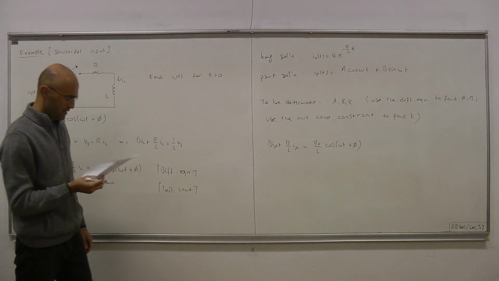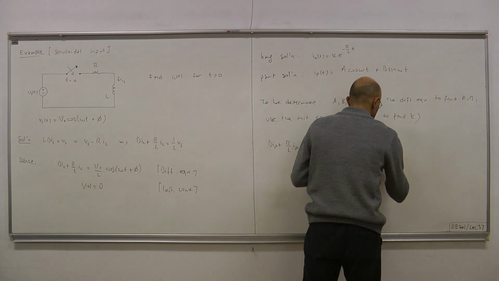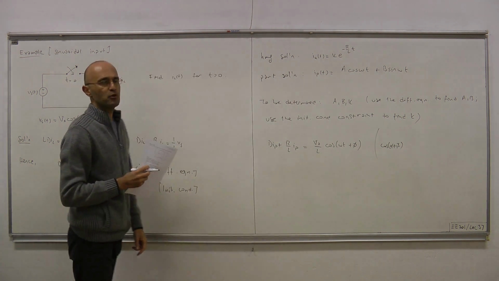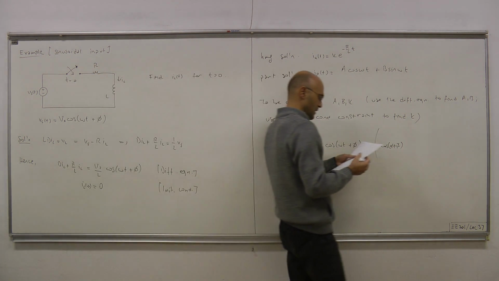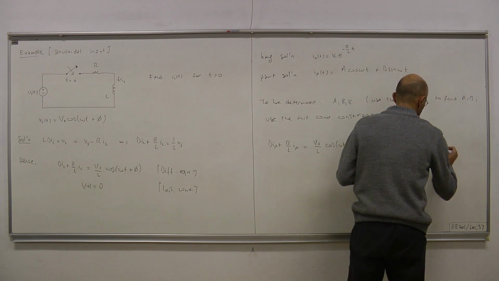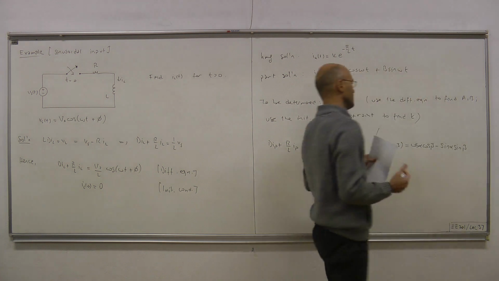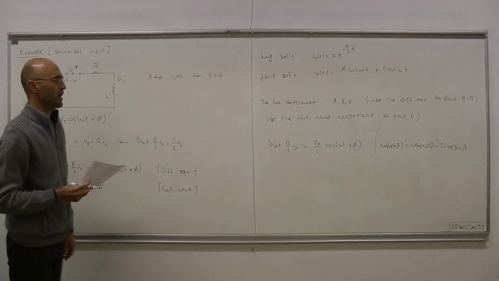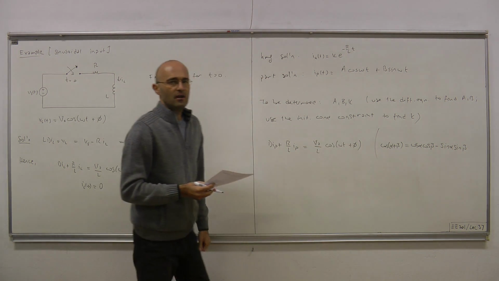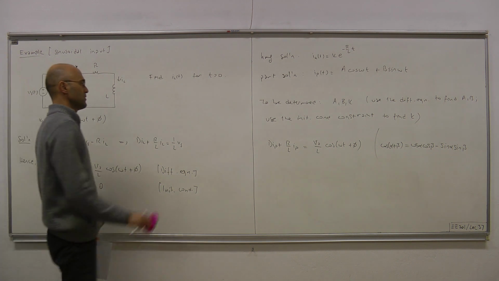And it's useful to employ the following trigonometric identity: cosine of the sum of two terms equals cosine alpha cosine beta minus sine alpha sine beta. Let's also use that trigonometric identity to write this cosine with phase as a sum of cosine and sine, both without phase.